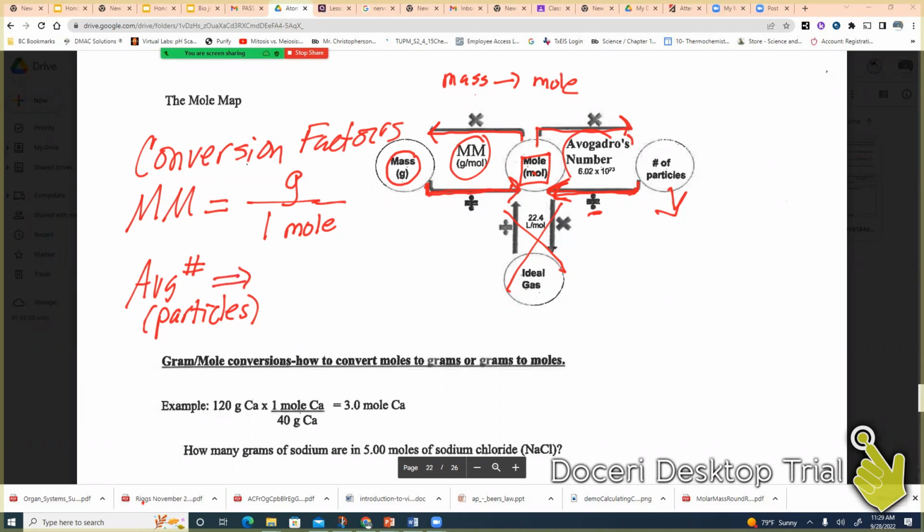And when we use Avogadro's number, it's always 6.022 times 10 to the 23rd particles, whatever kind you're looking at, per 1 mole. So today we're going to do some that have just one conversion factor in it. And then tomorrow we'll do the ones that are longer that have 2 conversion factors. So let's just get started with it.